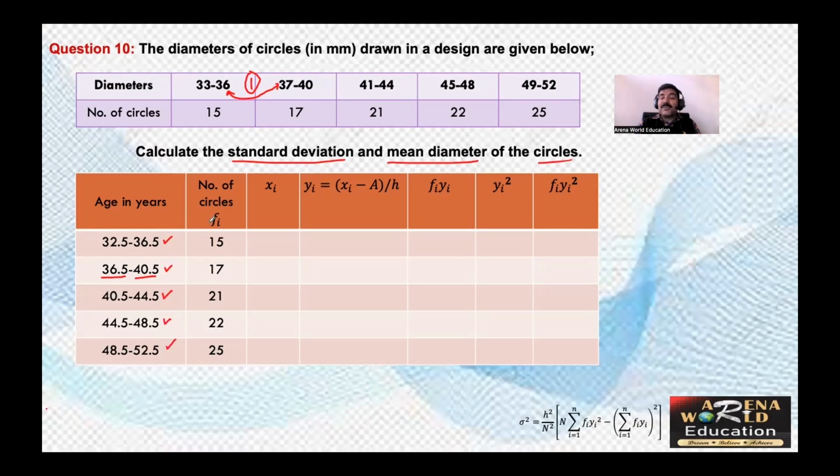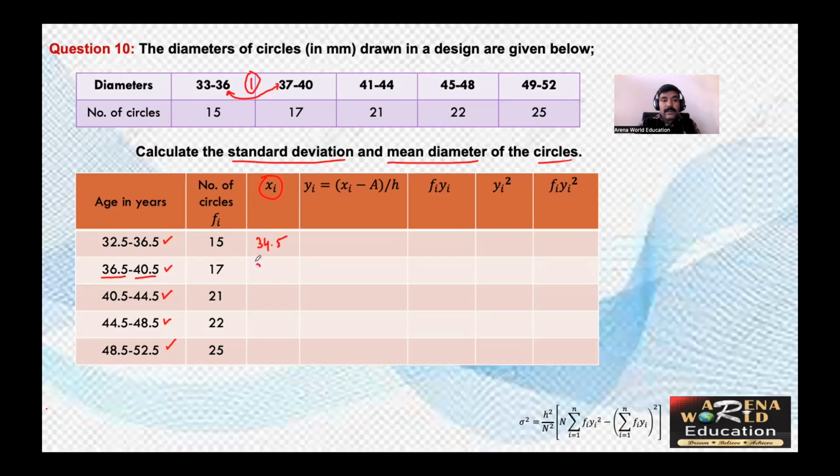So now this question is very easy. FIs are given. First of all, we will calculate XIs. And what is XI when class intervals are given? Yes, we will find the midpoint. So look at first one, 32.5 to 36.5. What will be first XI? It will be 32.5 plus 36.5 divided by 2. So this will be equal to 34.5, right? Similarly, look at second, 36.5 plus 40.5 divided by 2.